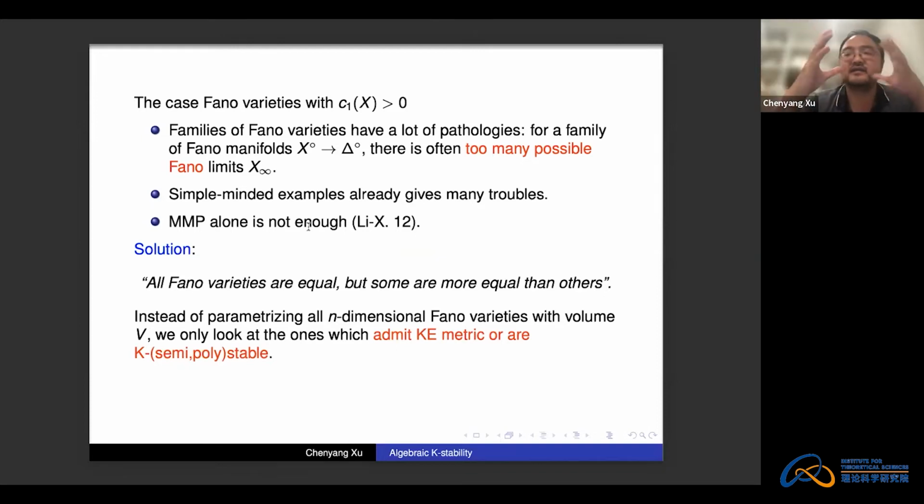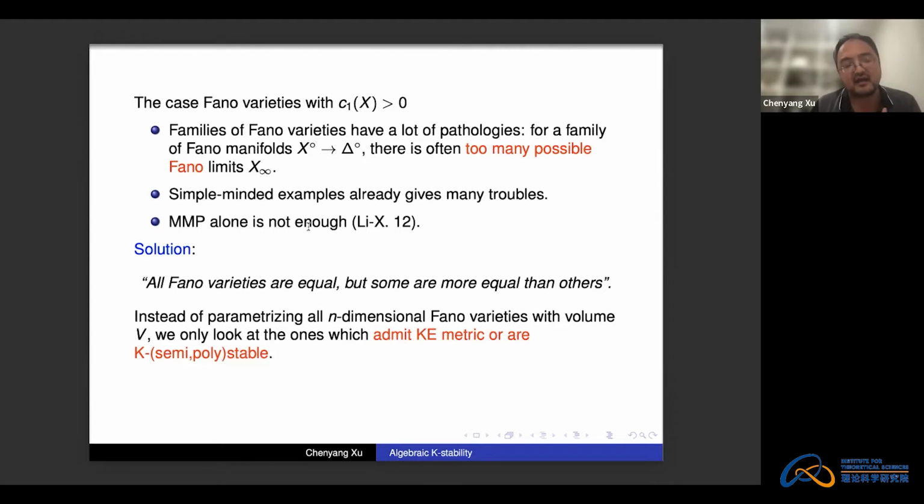As I said, when you have something like a finite-dimensional moduli, you often expect that this is some kind of algebraic object. And also, from the examples people worked out, even before the general moduli theory was worked out, those examples indicated that K-stability could give you a notion to construct a moduli space.